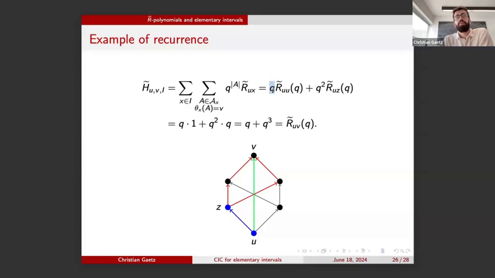So that's going to contribute this q to the 1 times R_UU. For Z, we have this width 2 hypercube, the red one. So that's a q squared times R_UZ. Assuming we already know our polynomials for smaller intervals, we know that this is q times 1 plus q squared times q, so we get the same thing we had computed before.